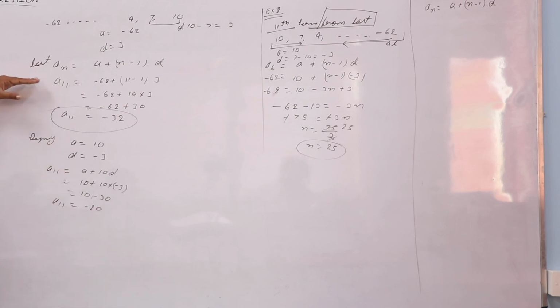So this is the 11th term from the beginning, and minus 32 is the 11th term from the last. Out of these 25 terms, from the first also the 11th term can come, and from the last also the 11th term can come. Copy it now.